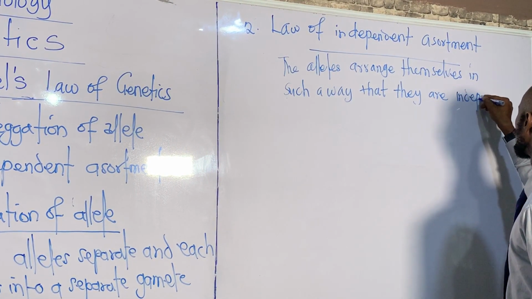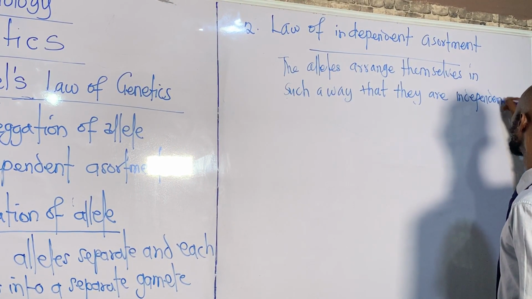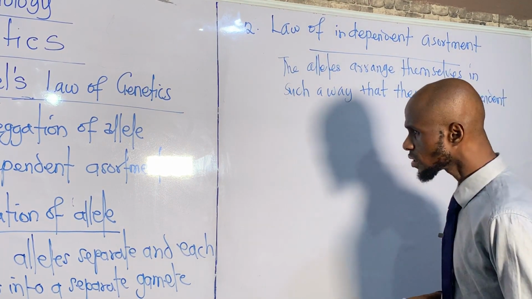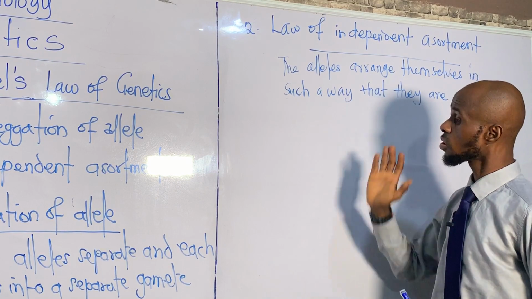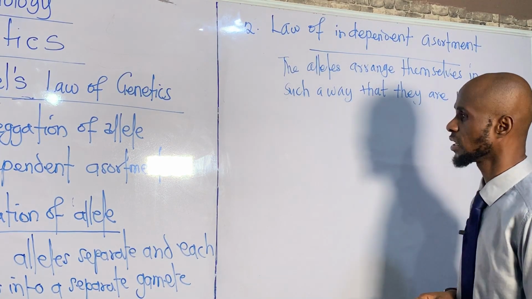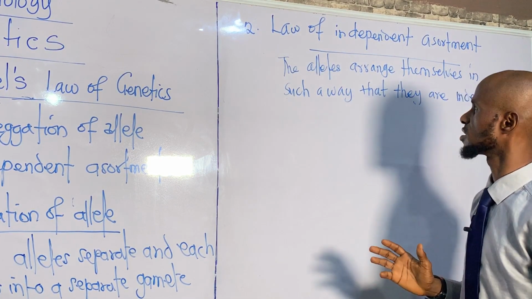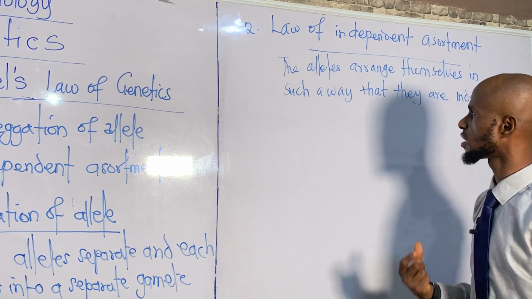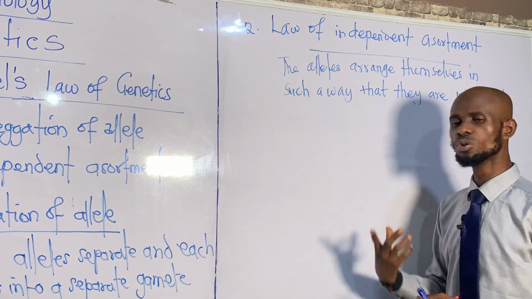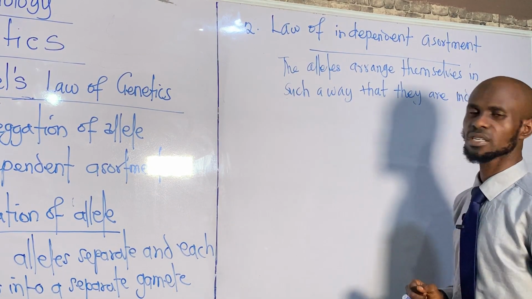What do we mean? This also occurs during meiosis. When you write that for the examiner, you give the examiner the confidence to understand that you know what you're doing. Now let us illustrate.